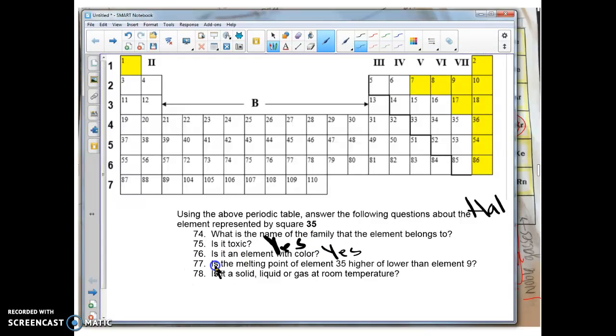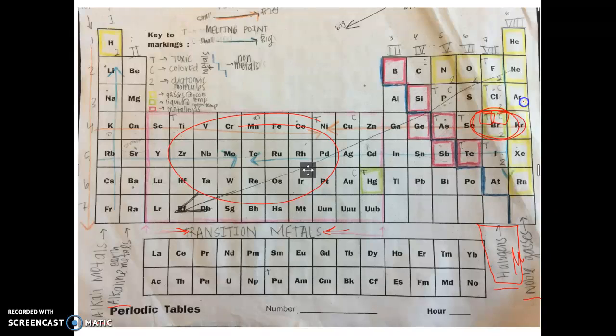All right, 77. Is the melting point of element 35 higher or lower than element 9? All right, so element 9 is right here, and 35 is right here. So let's come over here. We have number 9, and we have number 35. And I'm going to switch colors real quick. So for 9 and 35, we are looking for the melting point.